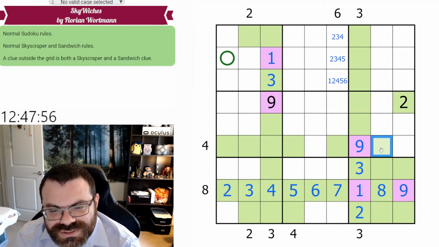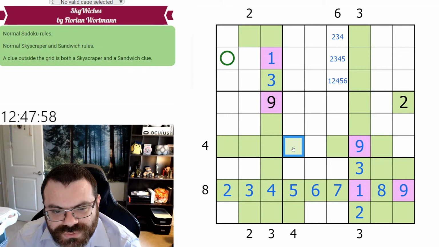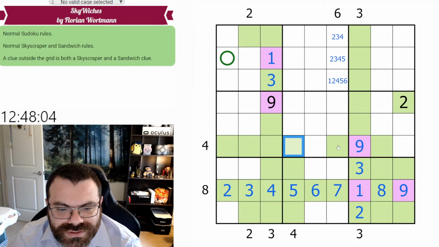The 4 is in one of these two, so this can't be 4. And the only way to have a 4 sandwich is to be a single 4. So this can't be 1 or 9, or we'd have 2 4s in the row.